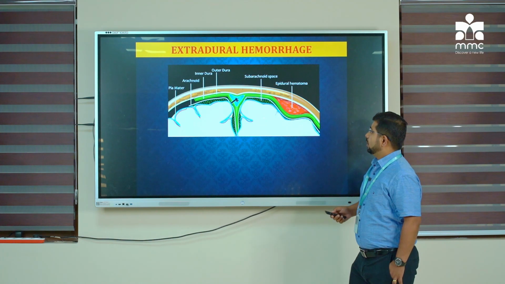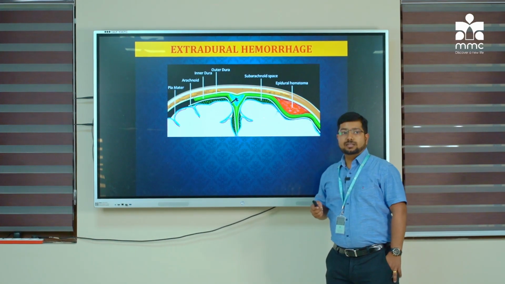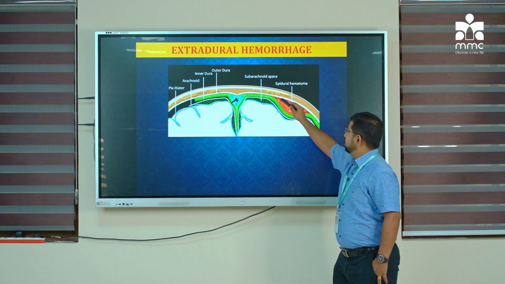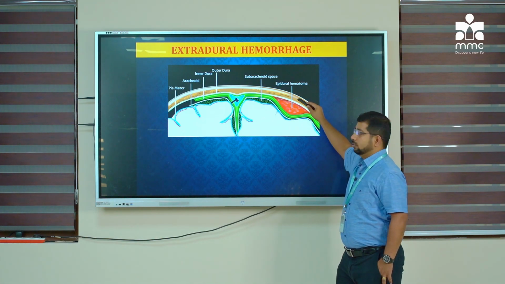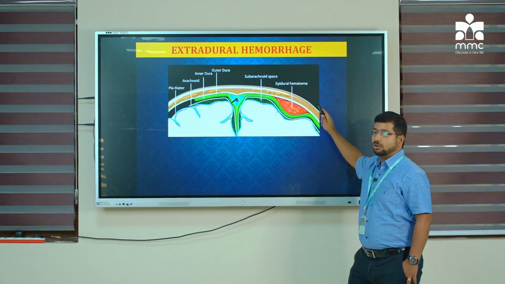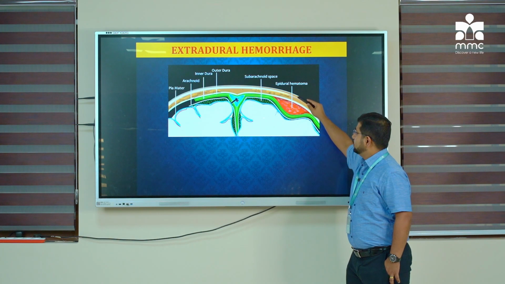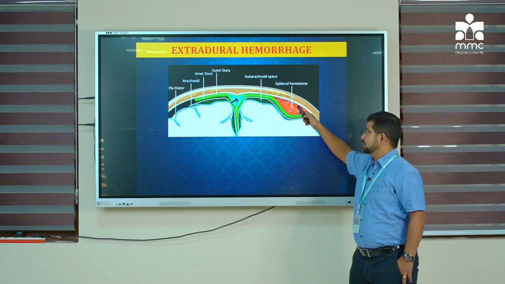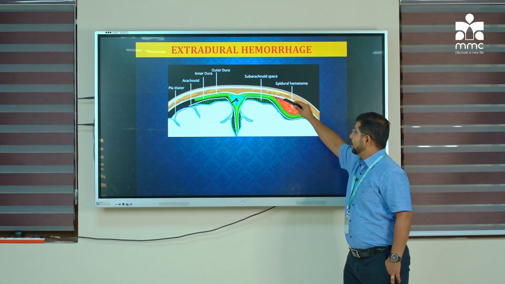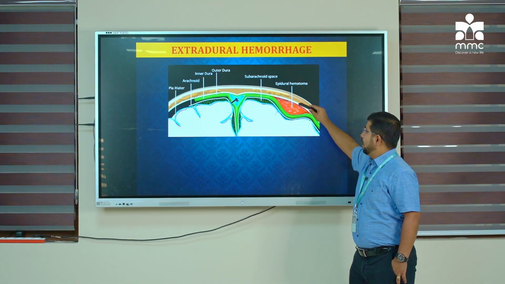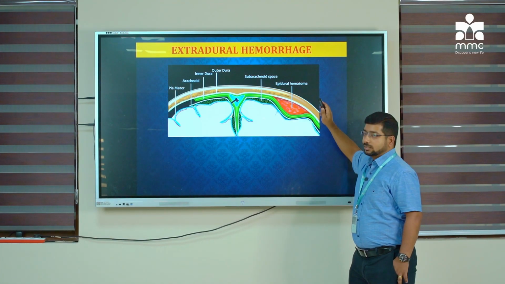So coming to extradural hemorrhage. Extradural in the sense it is outside the dura. We told you there is a periosteal layer. When a patient comes with history of trauma, head injury, and there's a fracture, then there will be rupture of the blood vessels. There will be collection of blood between the dura mater and the skull.